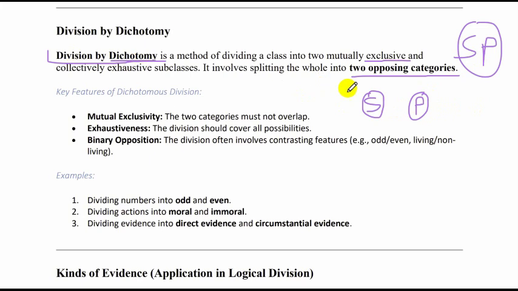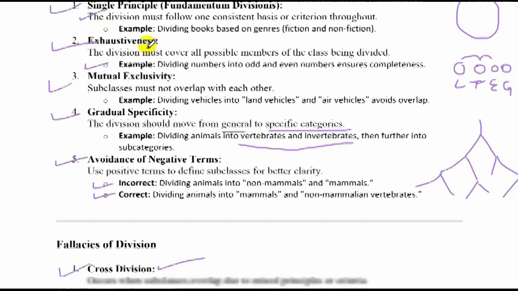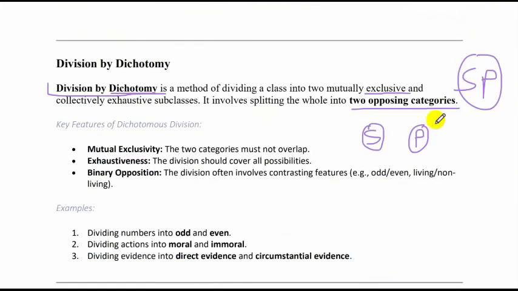Now there's a difference here. Here we are not doing division by way of gradual specificity, all right, nor with single principle, but we are doing it by way of opposing categories. Let us understand it by examples.